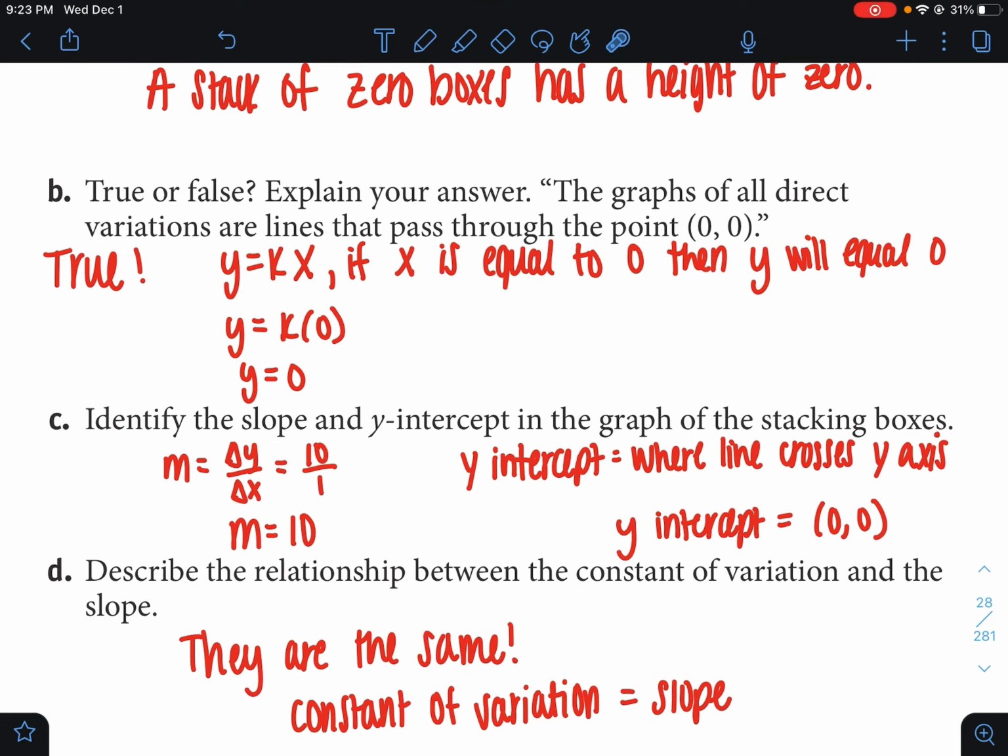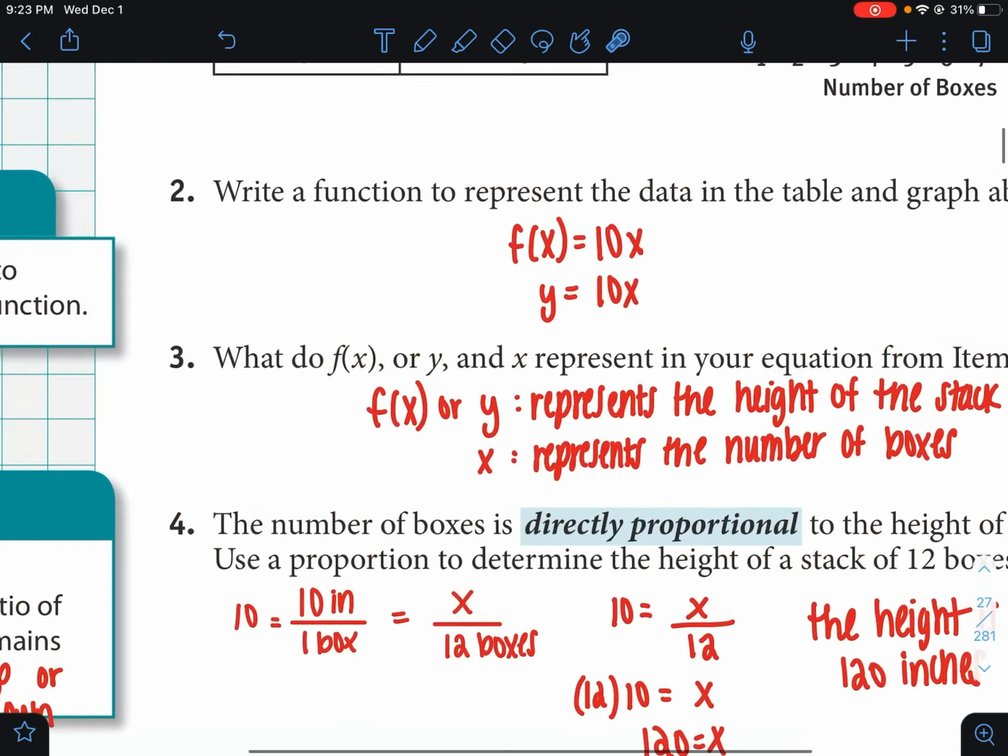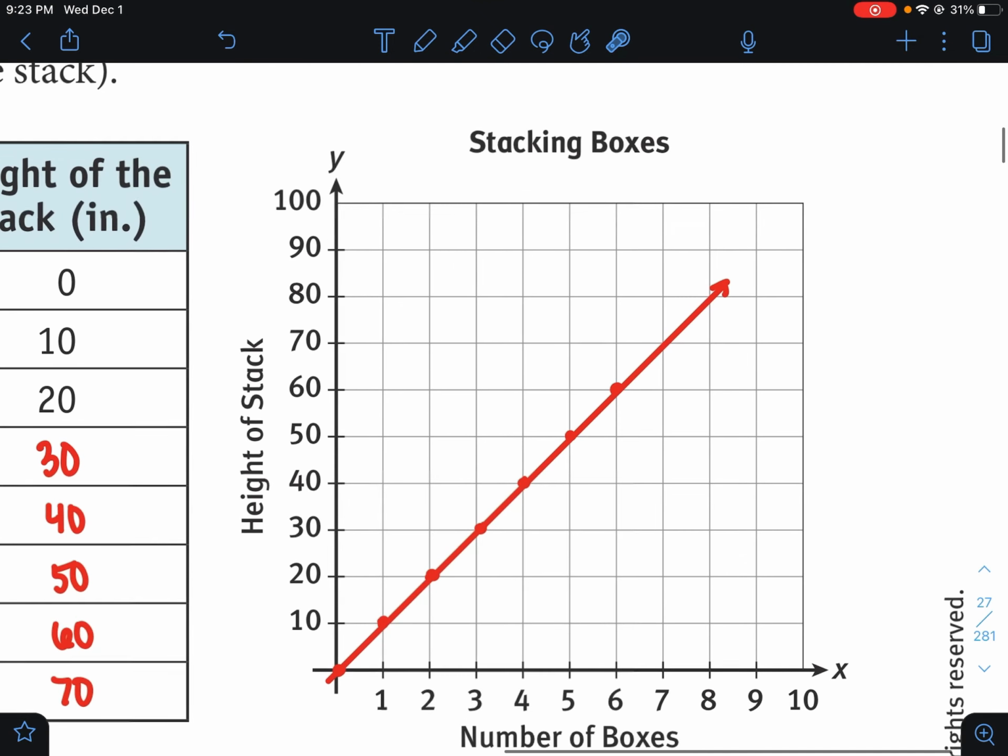Then our y-intercept is the point where the line crosses our y-axis. So if I scroll back up here, this is our y-axis, so our line actually crosses at the point (0, 0).